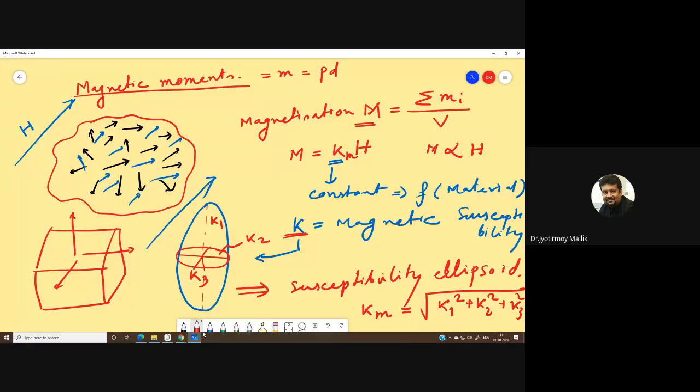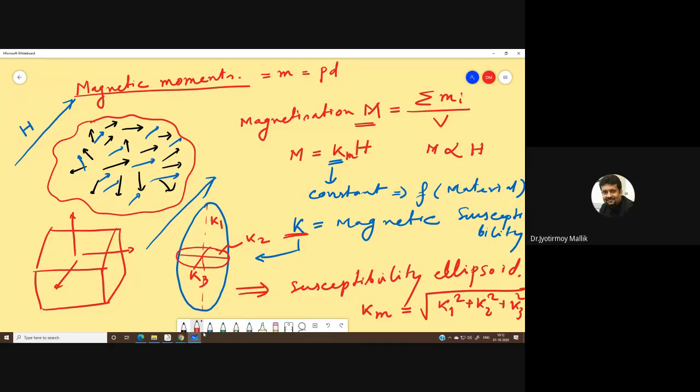K represents the susceptibility value. It is essentially dependent on the material, and this anisotropic susceptibility can be expressed by an ellipsoid, which has three axes, K1, K2, and K3. Then we can calculate Km, the mean susceptibility, and mean susceptibility determines how strong the magnetization of that material will be under a fixed magnetic field.